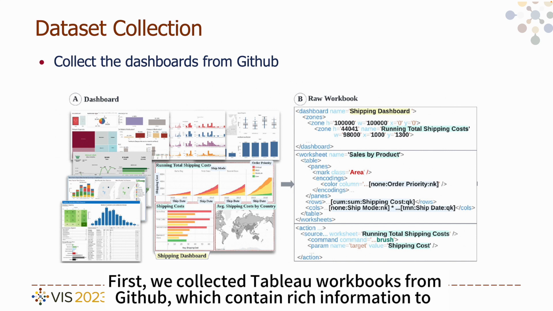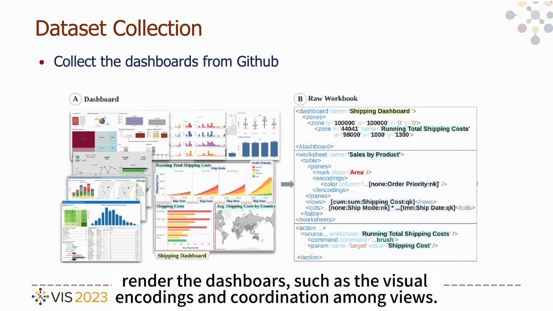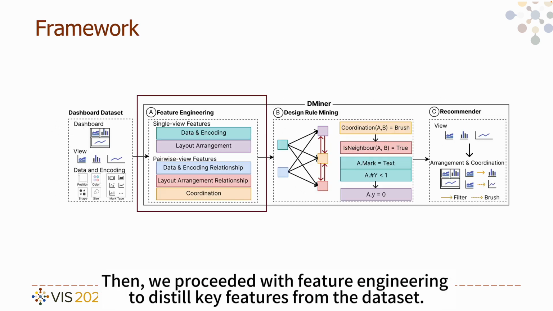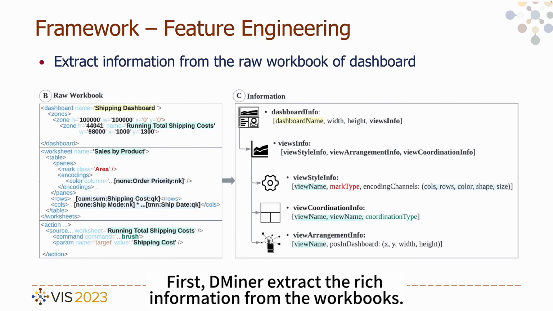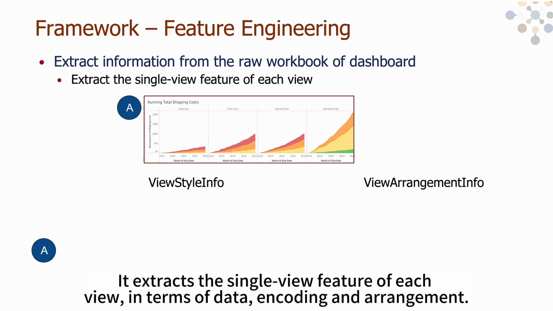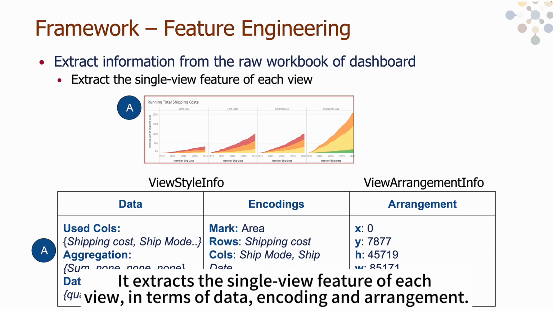First, we collected Tableau workbooks from GitHub, which contain rich information to render the dashboards, such as the visual encodings and coordination among views. Then, we proceeded with feature engineering to distill key features from the dataset. First, DMiner extracts the rich information from the workbooks. It extracts the single view feature of each view, in terms of data, encoding and arrangement.